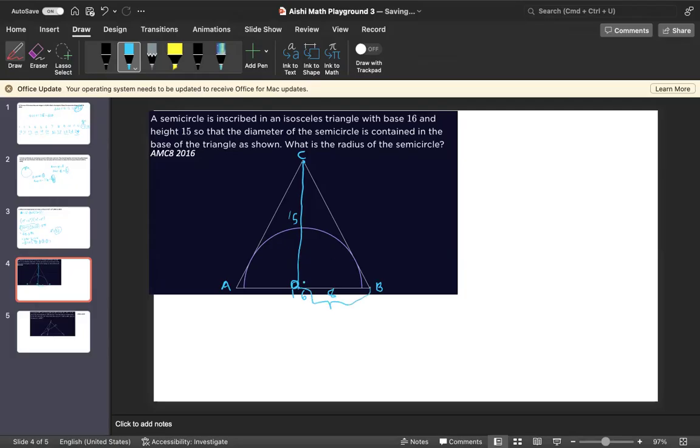Okay, now let's draw a radius right here.